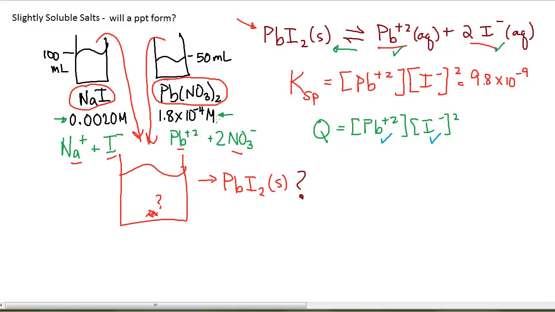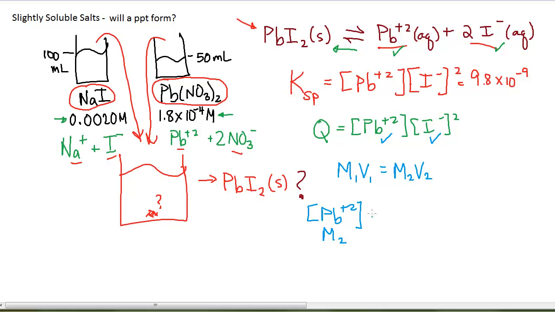It's a little more difficult here because I am dumping two solutions together. And when I dump two solutions together, I need to calculate the molarity using M1V1 equals M2V2. I'm essentially diluting my lead nitrate solution. I'm diluting my sodium iodide. So the concentration of my lead 2+ ion, once I get it dumped together, is the molarity that I'm looking for.